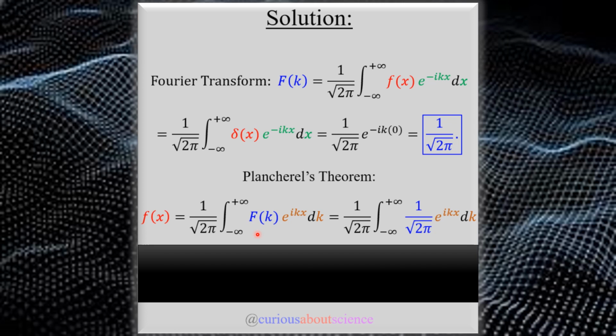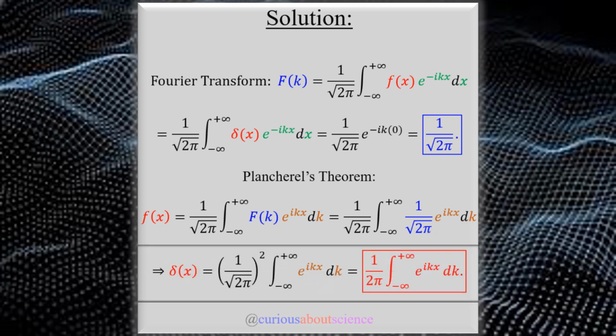But now that we know what we have here, let's go ahead and plug in the Fourier transform of the Dirac delta, which is equal to the blue 1 over the square root of 2 pi. No big deal. We've seen that before. And then here, we just got to simplify it. Now that we see that we have two factors of the same thing, we could just square it on the outside.